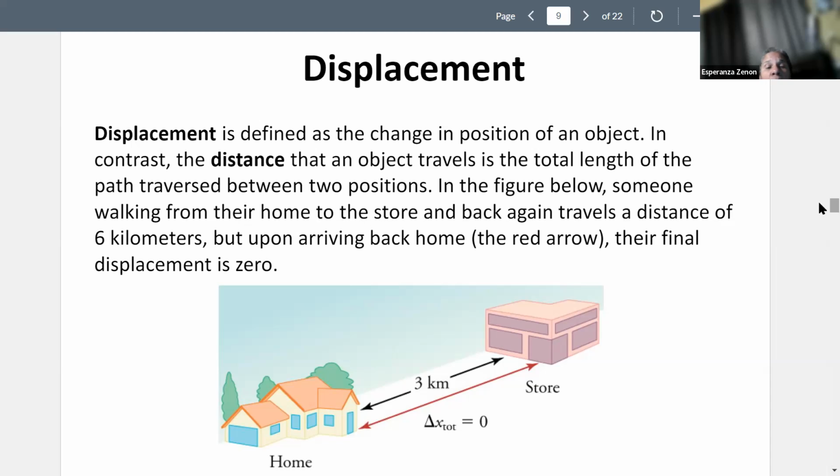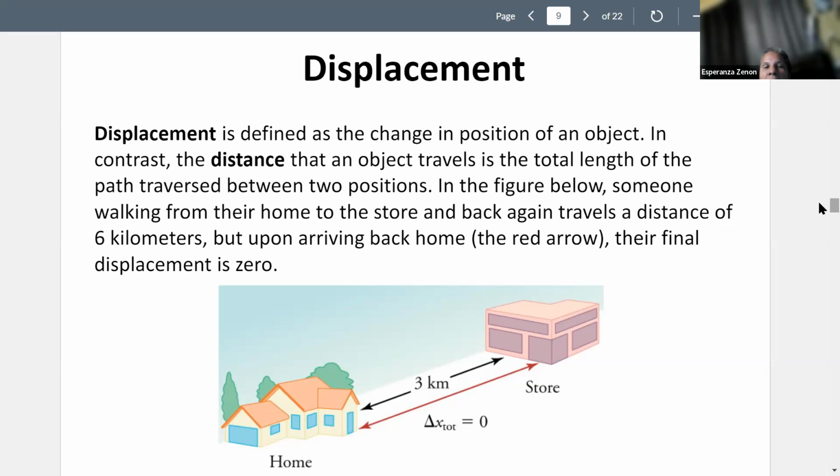You're back where you started from, so you didn't displace any. Now, if the person went from home to the store and stayed there, then they would have a displacement of 3 kilometers forward or to the right.